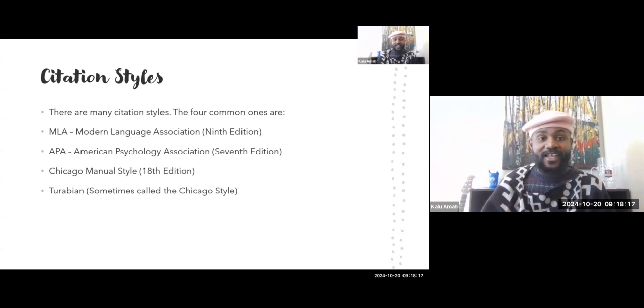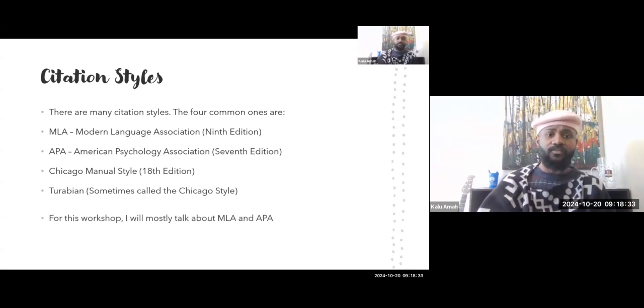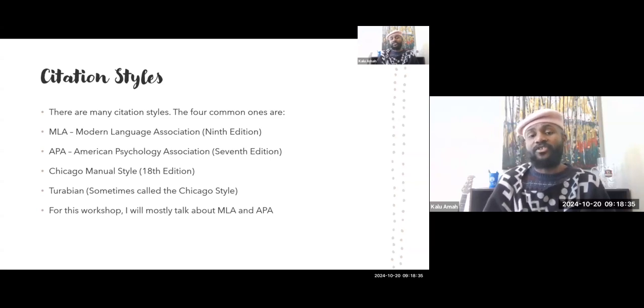But all my life, it has just been MLA and APA. MLA because I'm in the liberal arts, APA because I have a degree in education. So in education, we use APA, not MLA. When I was at Duke University, it was APA that I used for my master's thesis. For this workshop, I will mostly be talking about MLA and APA.